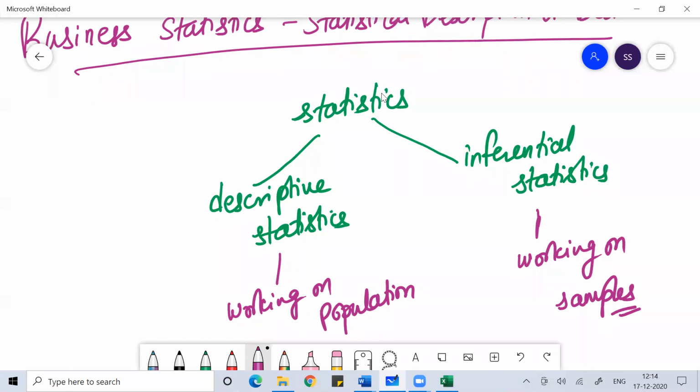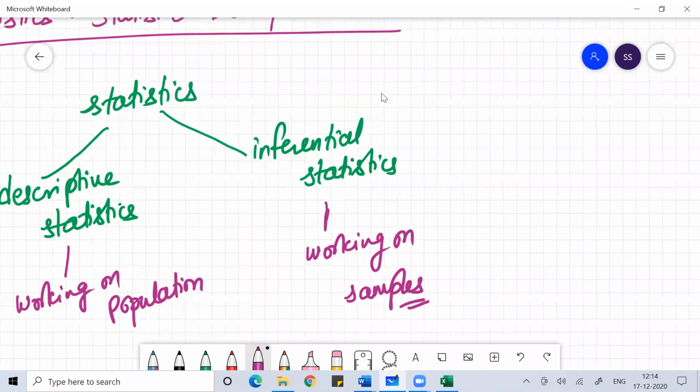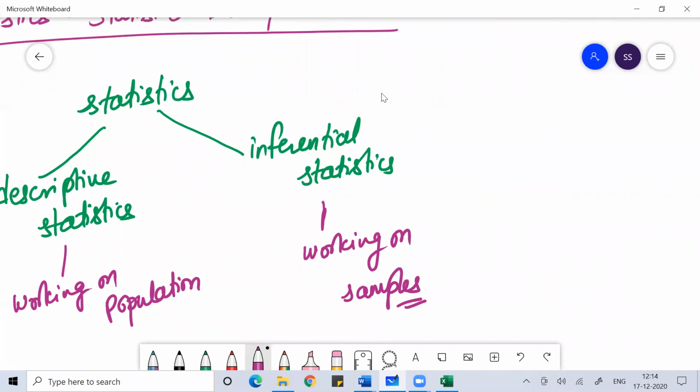You need to understand that statistics is the subject of research. So when we are trying to do research, the first thing we try to do is to collect the data.